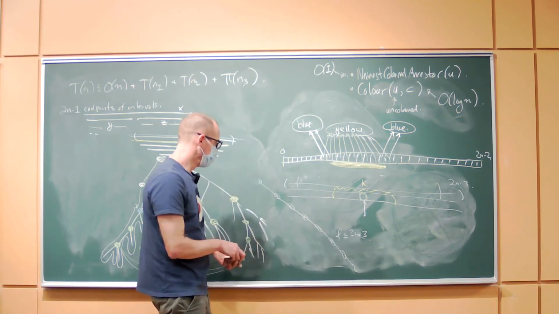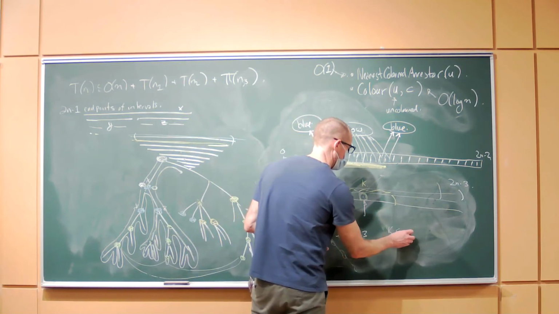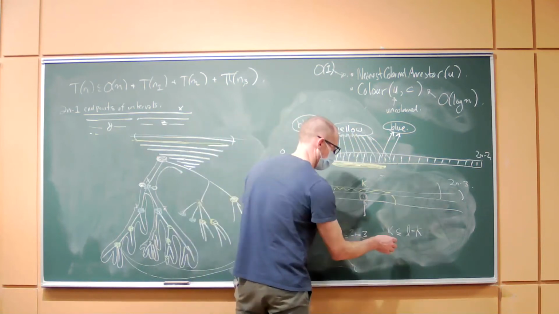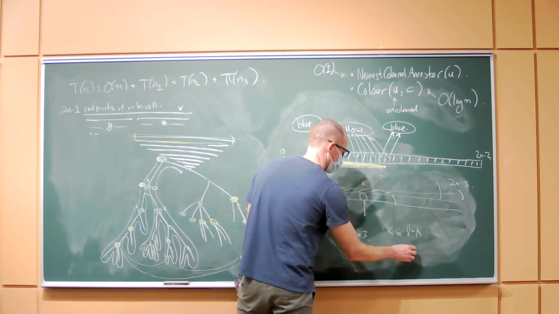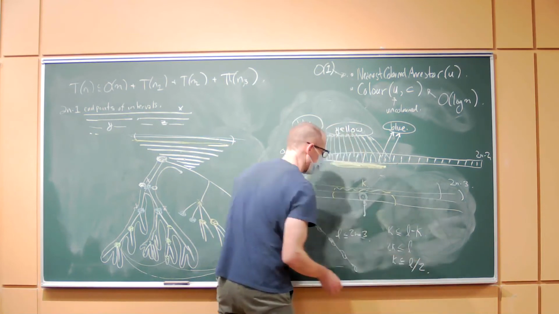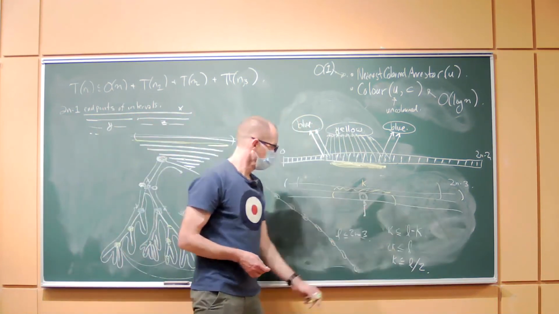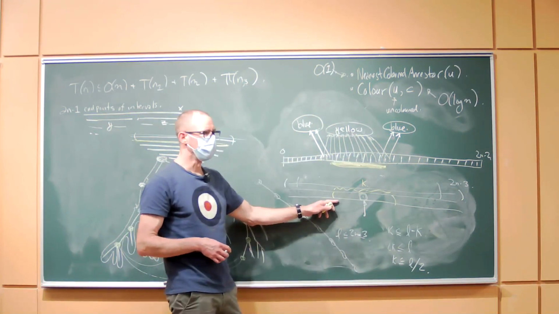Okay, so what we have is something like k is less than or equal to L minus k, which is like, what do we have? Yeah, L is less than or equal to 2k, so k is less than or equal to L over 2. So now he's left the interval of length L and joined an interval of length k, which is less than L over 2.